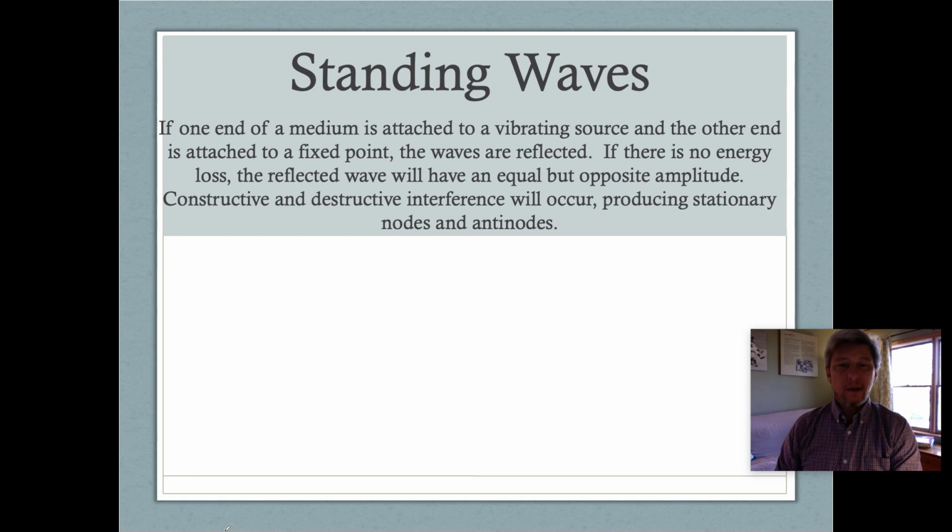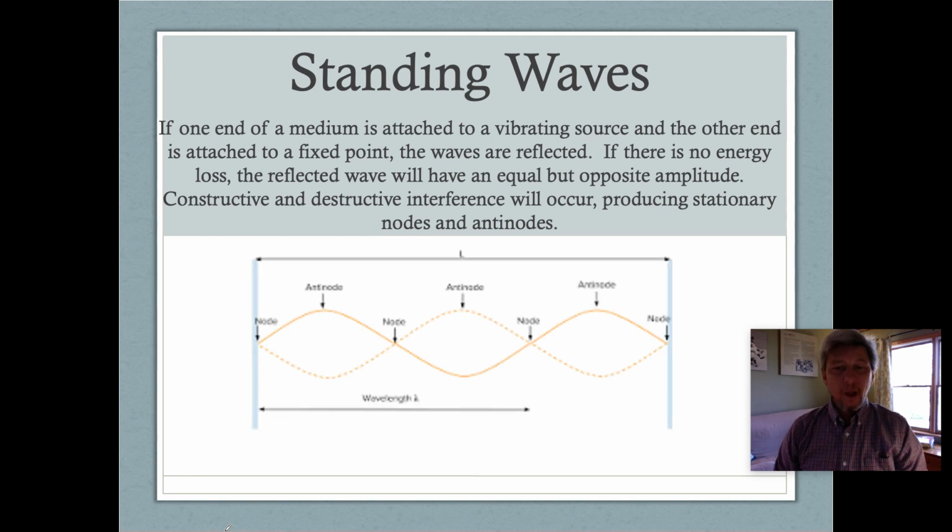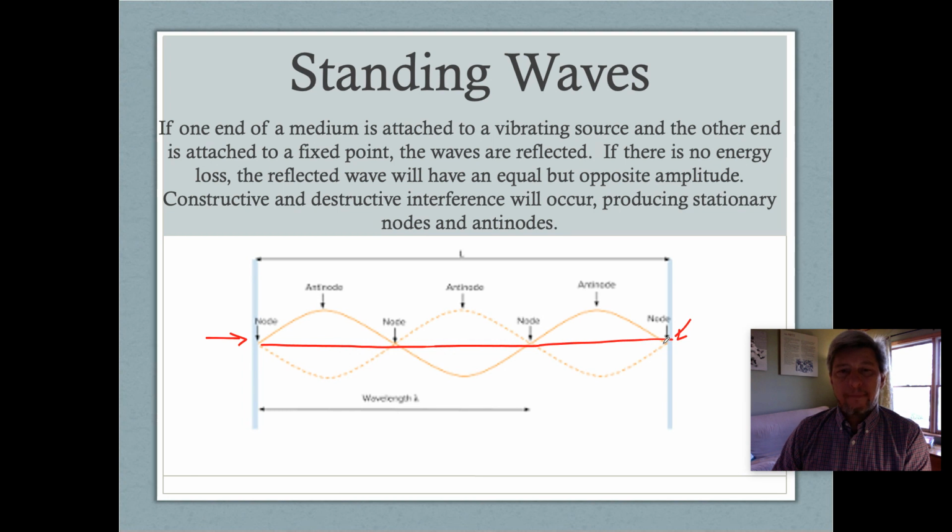And what that might look like is this. Pretend this is the spring, and my hand is creating a wave of a certain frequency and therefore a certain wavelength. This represents the wall on this side. Notice that the original wave comes through here, but then the reflected wave is 180 degrees out of phase. If I represent this as the equilibrium line, the position of the spring without a wave in it, then at this point right here, I've got maximum amplitude back and forth.